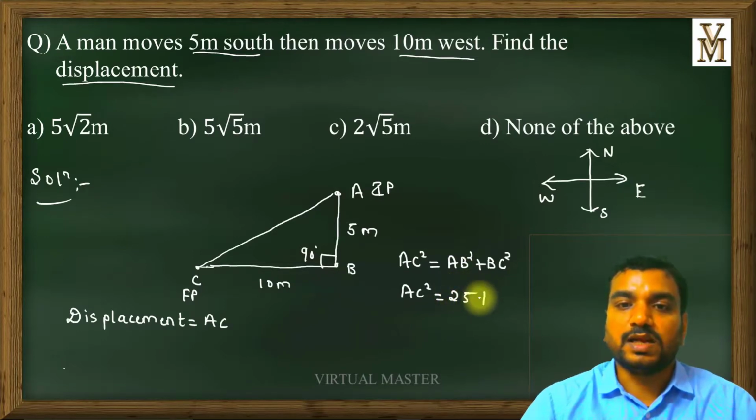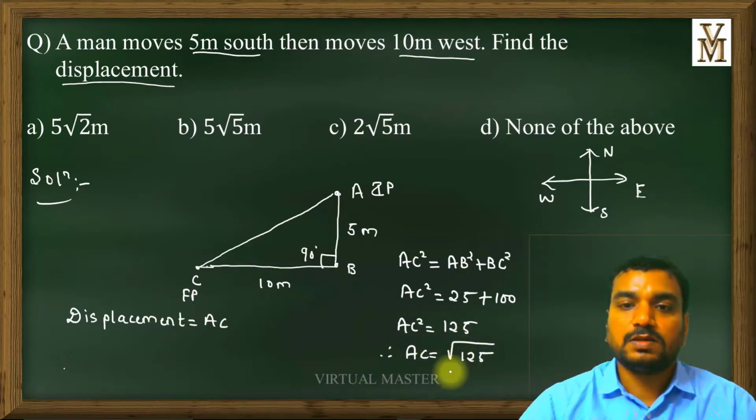Okay. Similarly, BC is how much? 10 meter. BC square means 100. So AC square is equals to 125. Therefore, AC is equals to how much? Square root of 125. And I can write AC as 5 root 5.